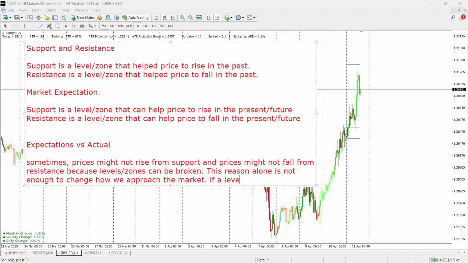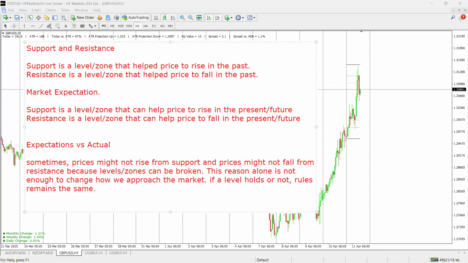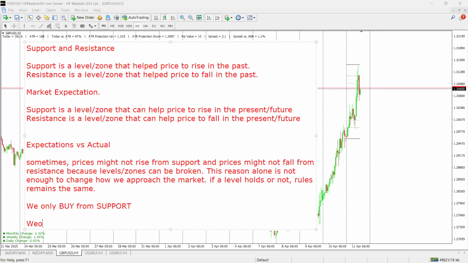If a level holds or not, the rules remain the same. We only buy from support and we only sell from resistance.